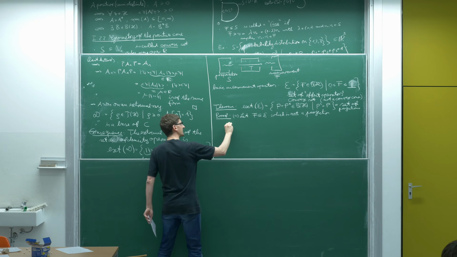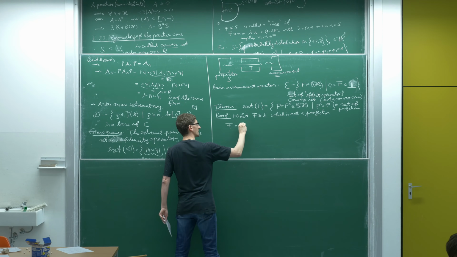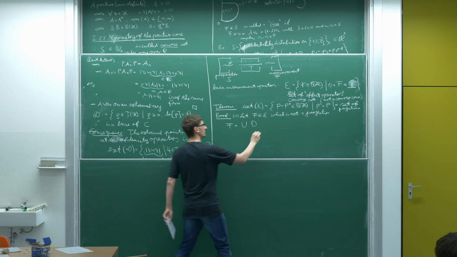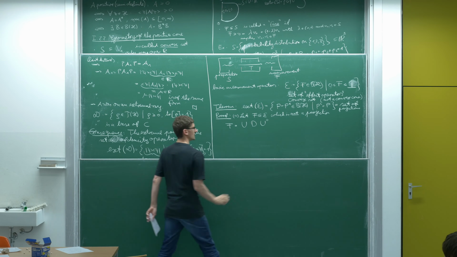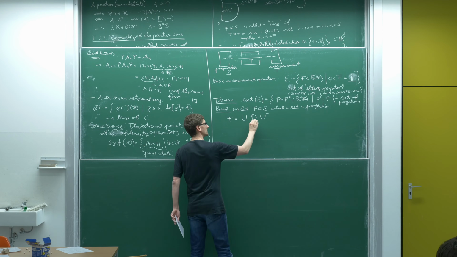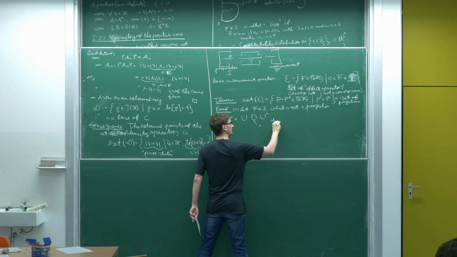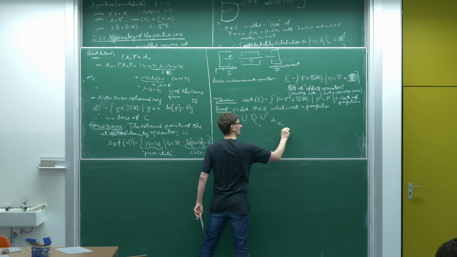So again, we can write F in a diagonal form. And this D here is again a diagonal matrix, D1, D2, maybe a finite or infinite sum.